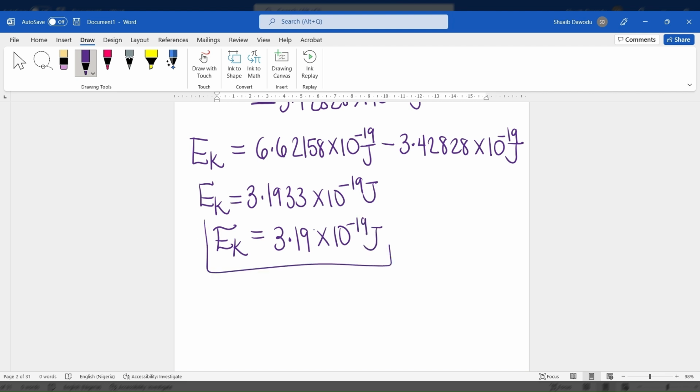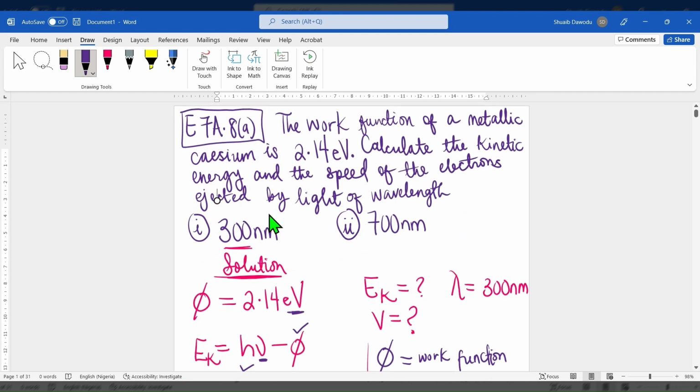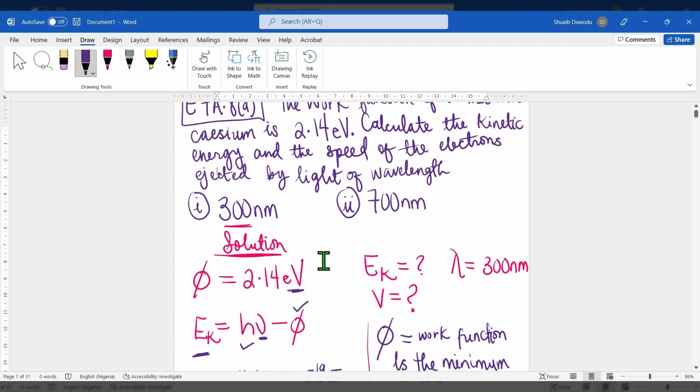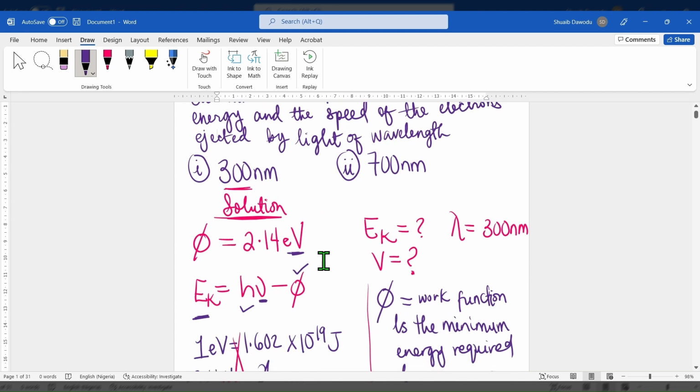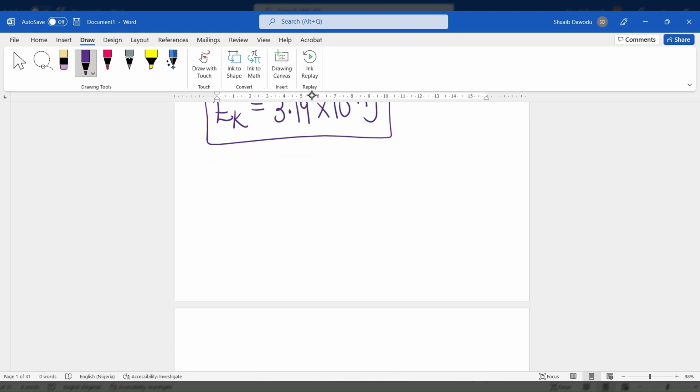So this is the kinetic energy of the electrons that are ejected by the wavelength of 300 nanometers. So we're going to go on to solve the speed of electron next, and we're going to be using the formula for kinetic energy, which is EK is equal to what?